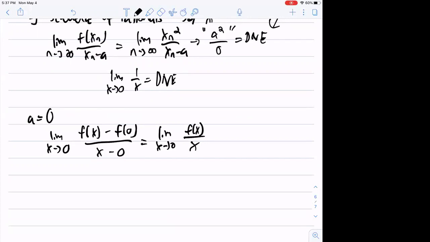Now here comes the tricky part. If we want to show a limit exists, I can't just take a sequence of rationals, get x squared over x, and the limit as x goes to 0 of x is 0.